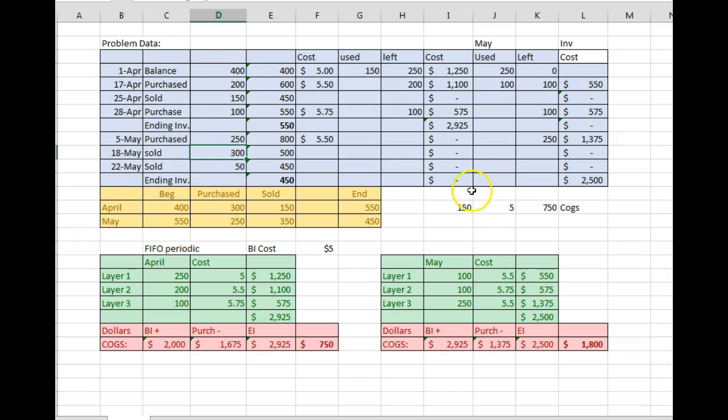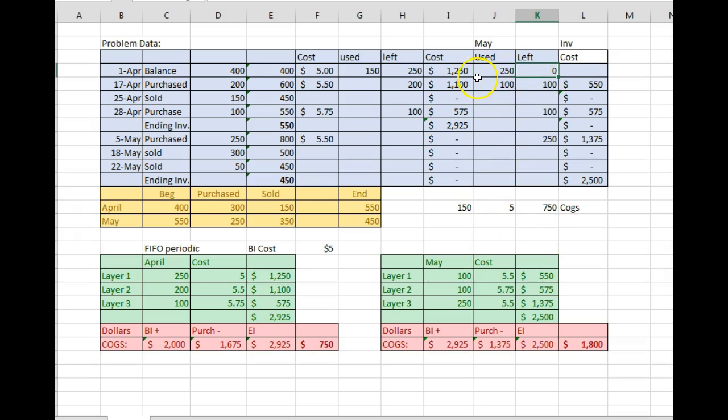So 300, where does that go? Now I have to go up to these layers I had laid out, and I have to start removing stuff. I had 250 here. After I apply that 250, I have 0 left.